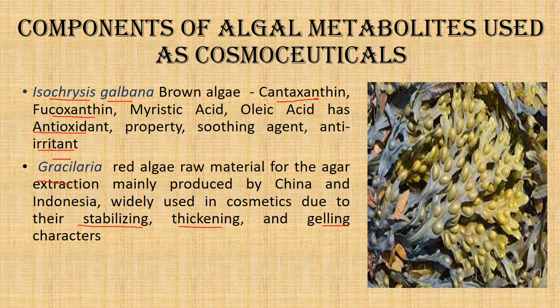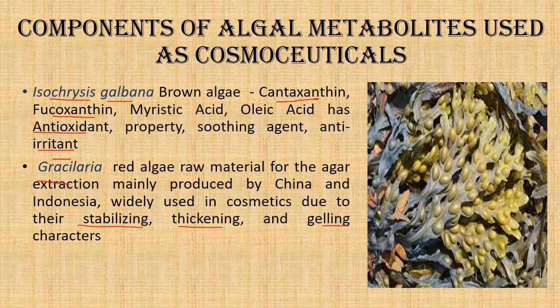Isochrysis galbana. This brown algae is a very stress-tolerant halophyte, and all the halophytes are tolerant to salinity and desiccation. So these types of algae have a high amount of canthaxanthin and fucoxanthin.